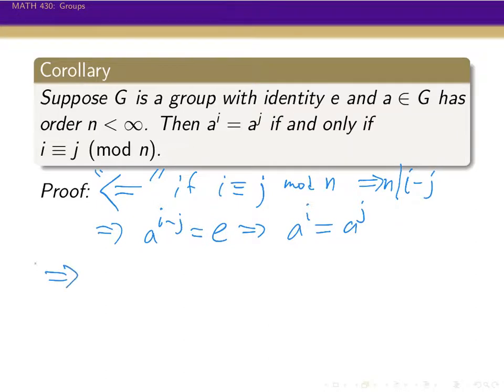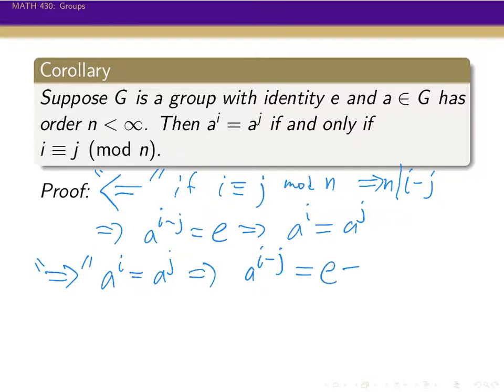Now what about going in the forward direction? This is kind of going completely in the opposite way. If we start off with a to the i equaling a to the j, well, I can apply a to the minus j to both sides, and that would give me back the identity.